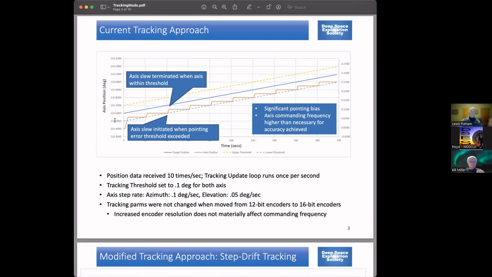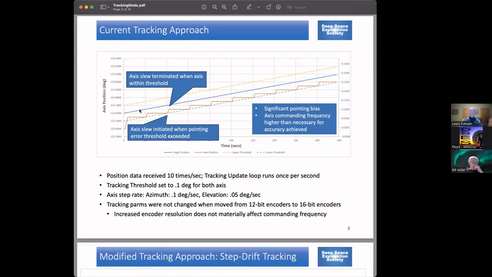In this case, the target is moving at a fixed rate. You'll notice there are dotted lines on either side of the trajectory. That's the threshold, where we're trying to maintain the axis between those upper and lower bounds.